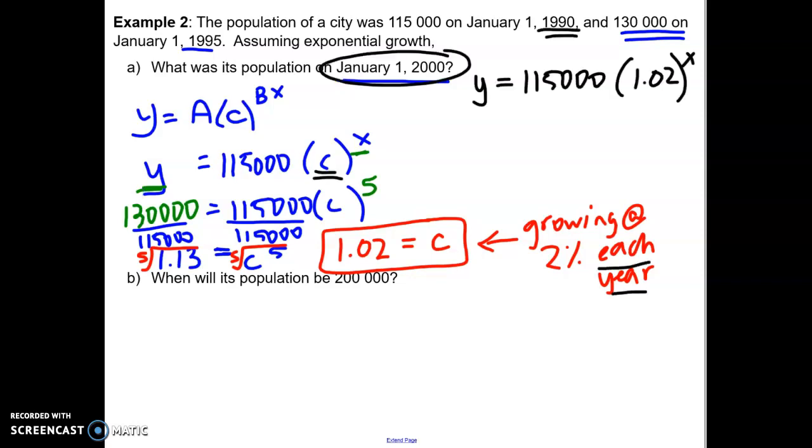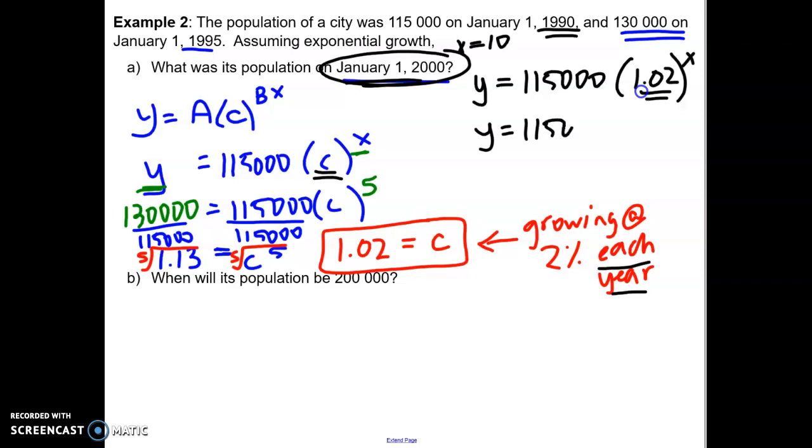So now we know that the growth is 2% each year, so I can say that my general form is 115,000 times 1.02 to the power of x. Now to answer our actual question, what will be the population on January 1st, 2000? That means I'm going to plug in x equals 10 because 10 years have passed since 1990.